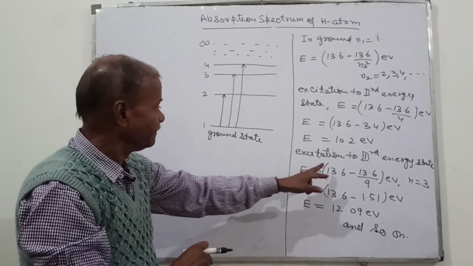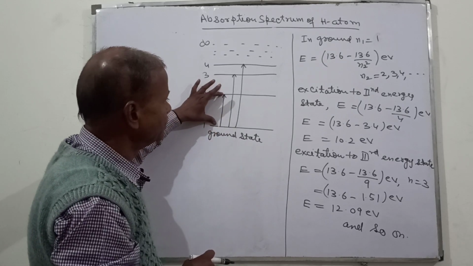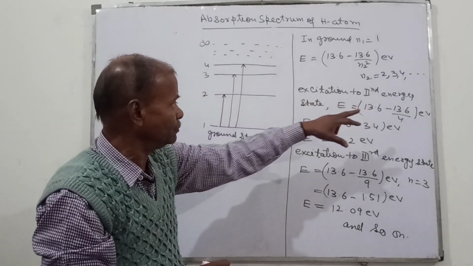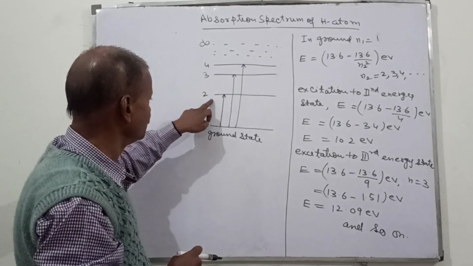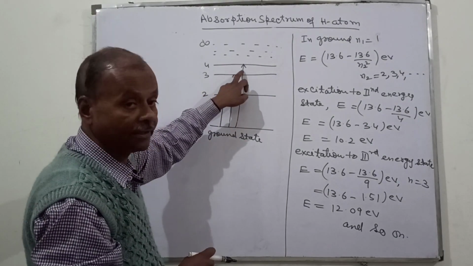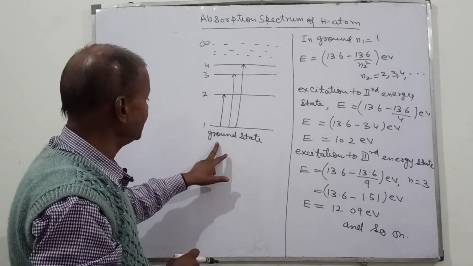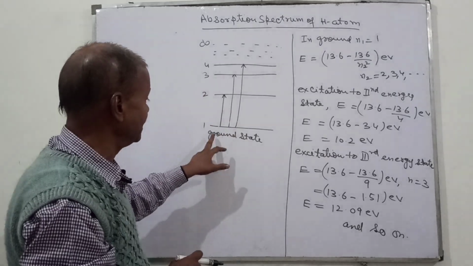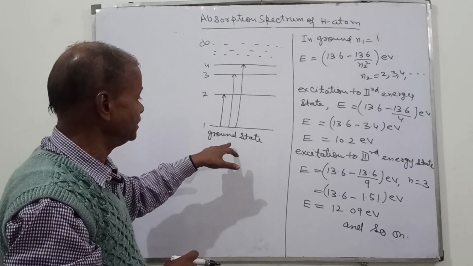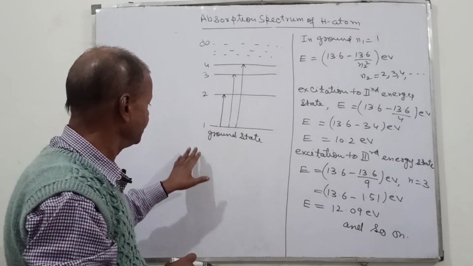Then excitation to the second energy state, first to second. So this is the first line, second line, third line, like this. Excitation takes place from the ground state, and this series is just like the Lyman series.